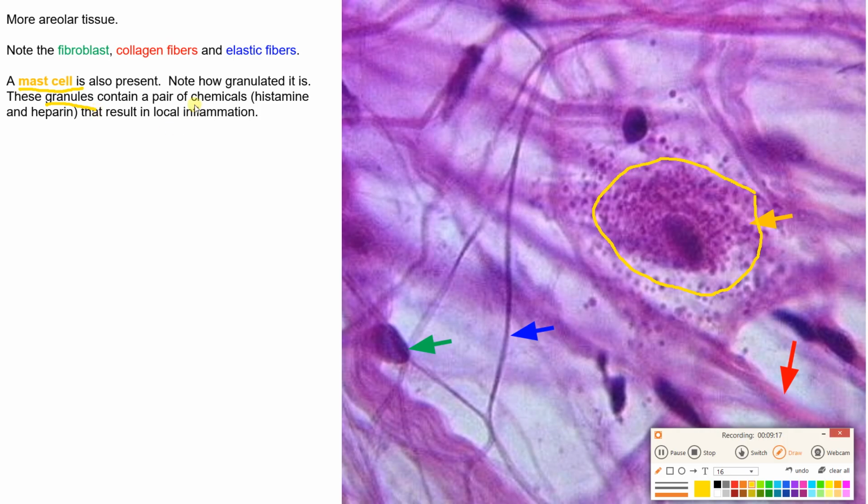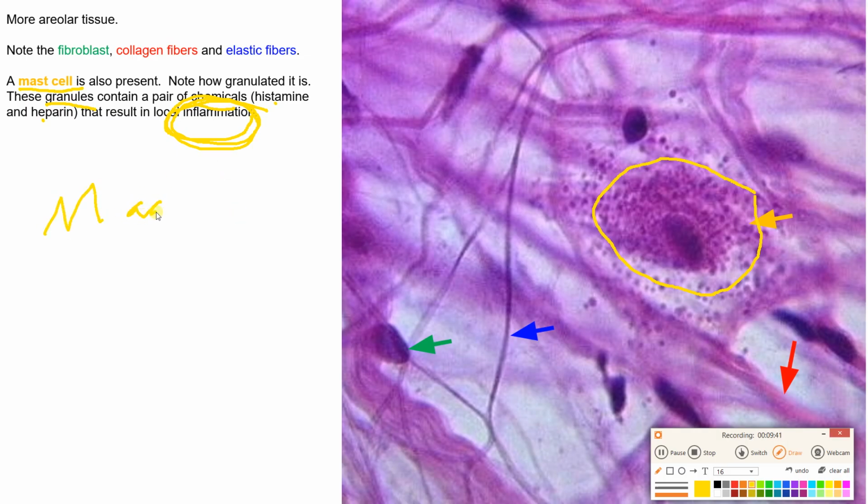Those granules contain a pair of chemicals, histamine and heparin. These are inflammatory chemicals. Inflammation, by the way, 99% of the time, is a good thing. It is part of our healing process. Now, mast cells are abundant in areolar connective tissue.